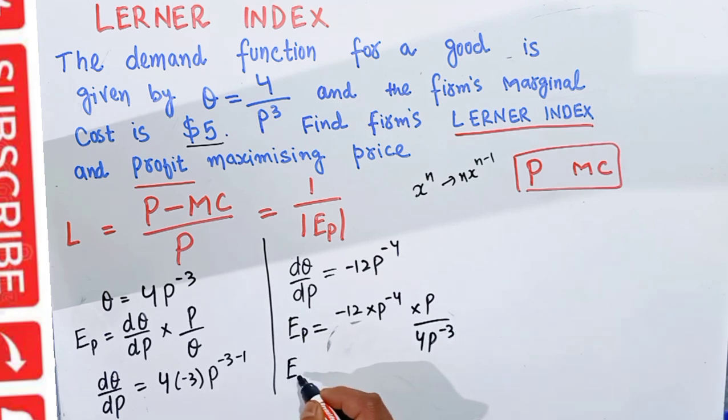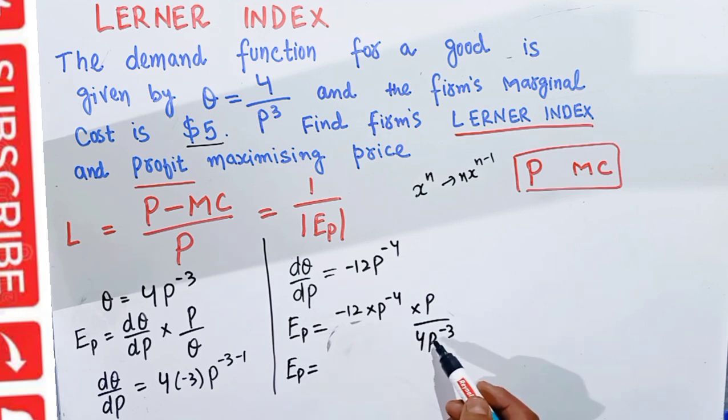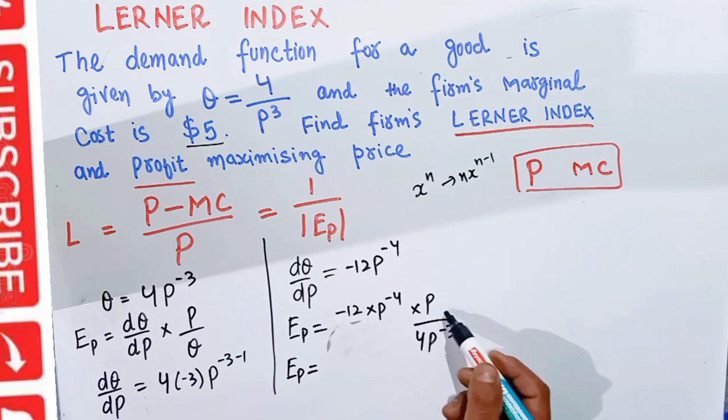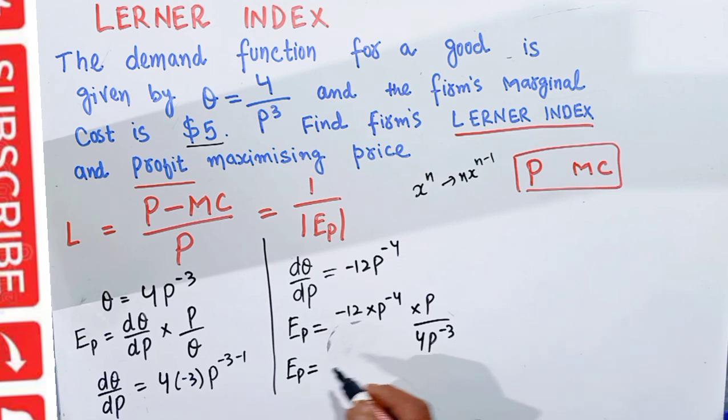If I transpose this P to the power 3 to the numerator, it will get multiplied with this P, but the exponent sign will change. So we get minus 12. Transposing this to the denominator, it becomes P to the power plus 4.